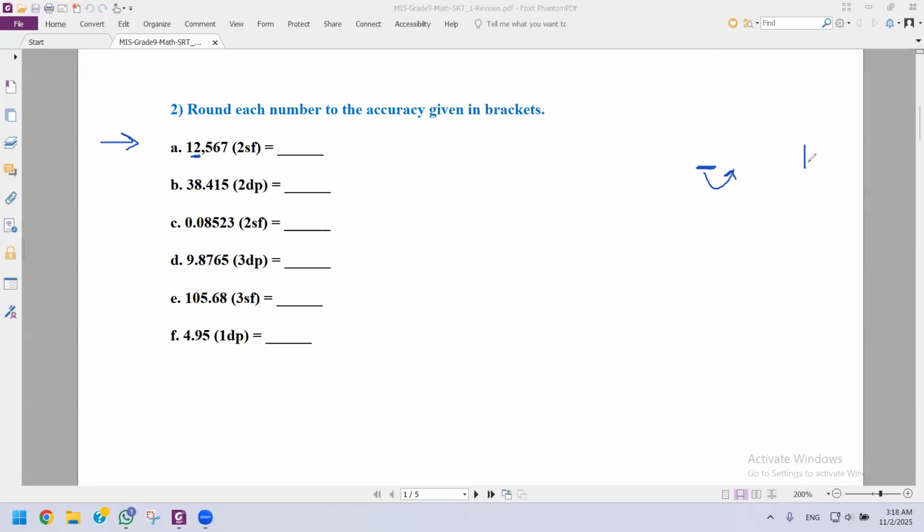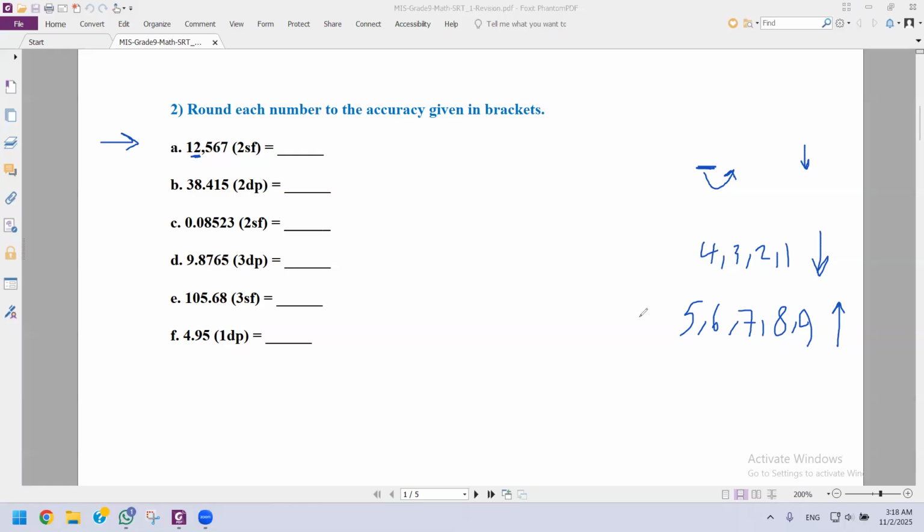If it is less than 5, like 4, 3, 2, 1, this is round down. Now, if it is 5, 6, 7, 8, 9, so if it is 5 or more, it's round up.